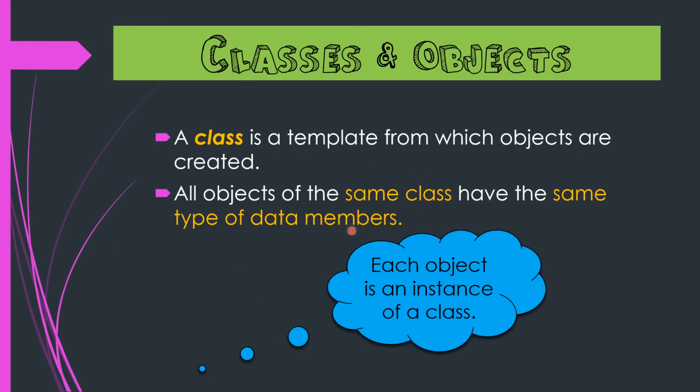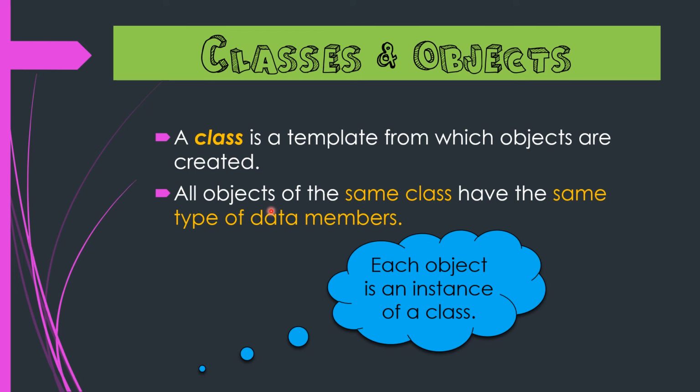Our example was about bookstore. Class was book. Objects were book 1, book 2, book 3, all these. So you may remember that every book, whether it be book 1 or book 2 or book 3, any book, it was having some attributes which were like title, author, publisher, and many more. So all these attributes or the data members, these were same for all the objects. Means all the books were possessing the same types of data members.